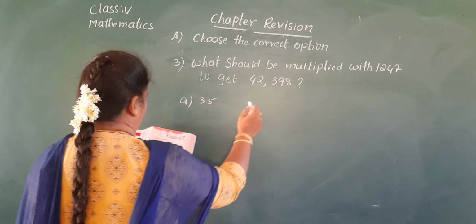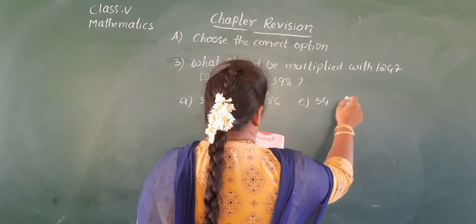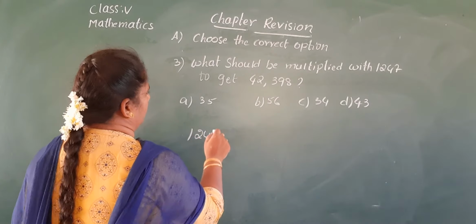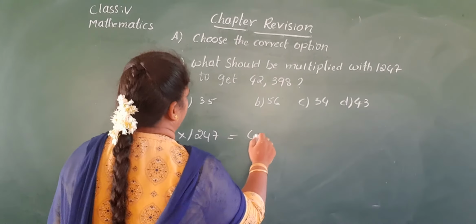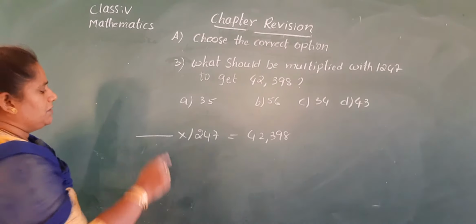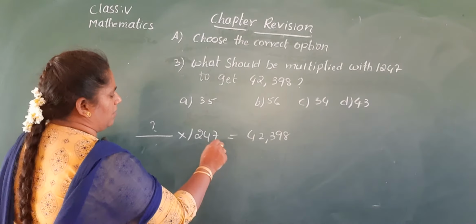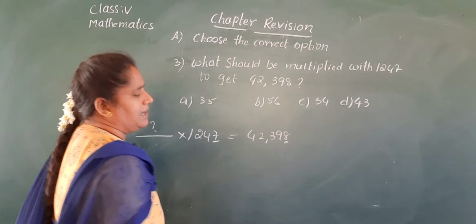I will tell you one small trick. Which number do we multiply to get this number? Here what is there in the units place? 7. Here what is there in the units place? 8.